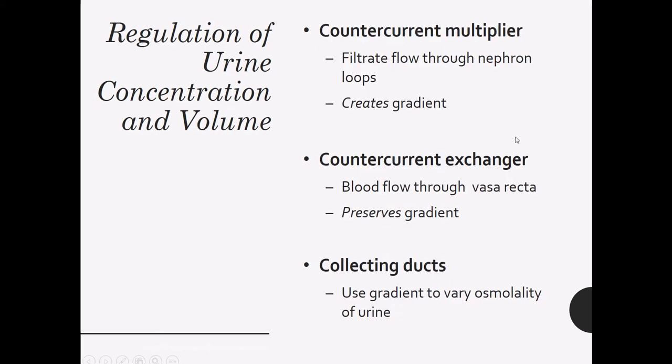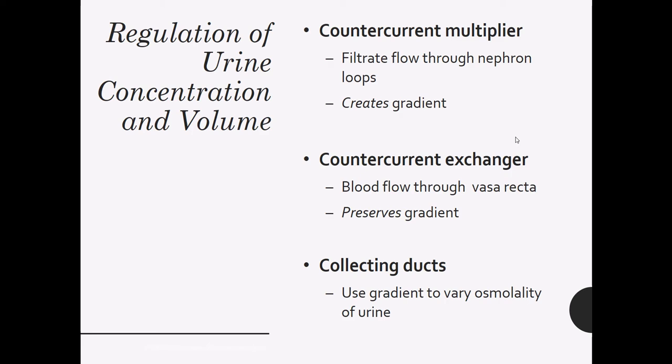So there are three parts to this. There's what we call the countercurrent multiplier. This is the filtrate flow through the nephron loop. That's what actually creates the gradient, as we're going to discuss in just a second. Then there's the countercurrent exchanger.